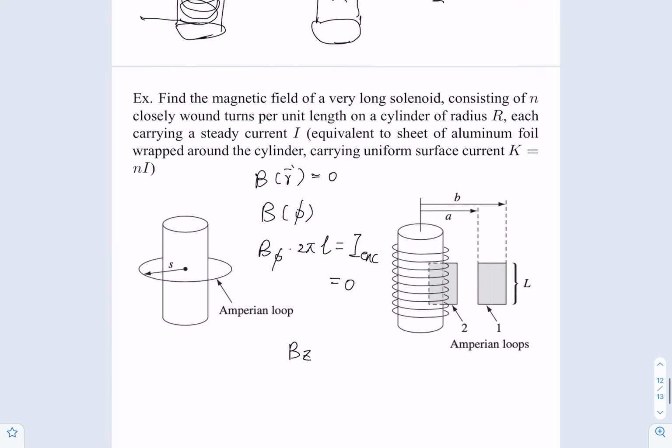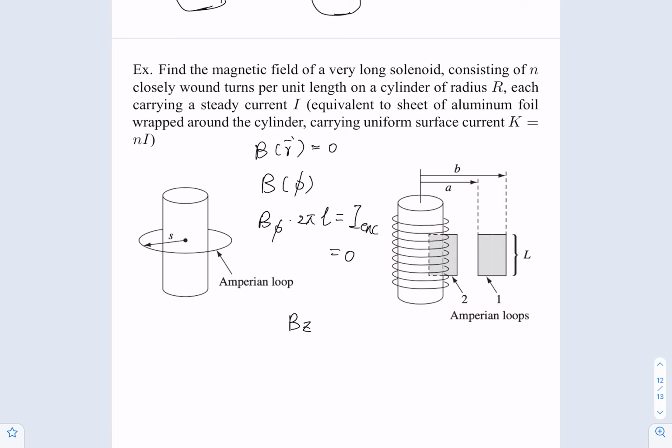So now, to calculate the B field along the Z direction, we can design an Amperian loop first across the outside.